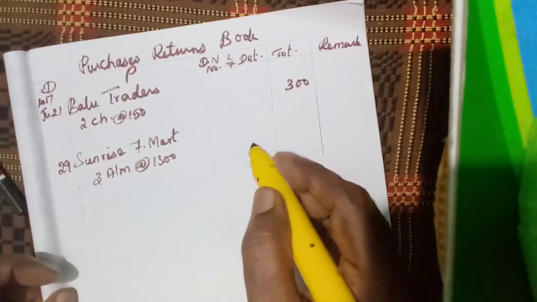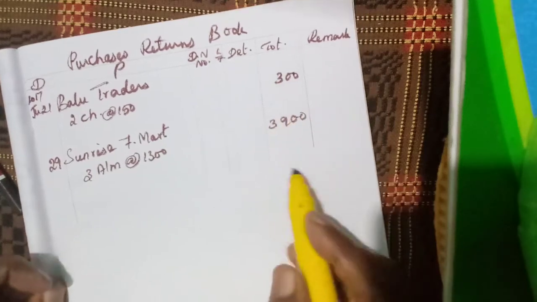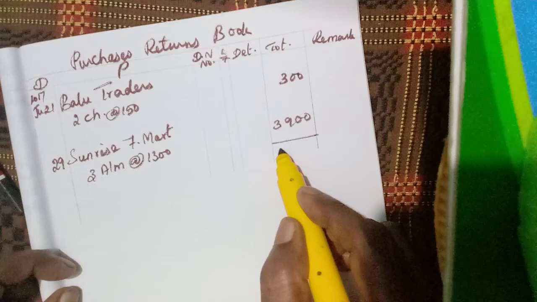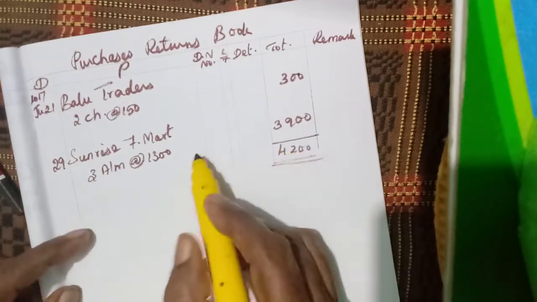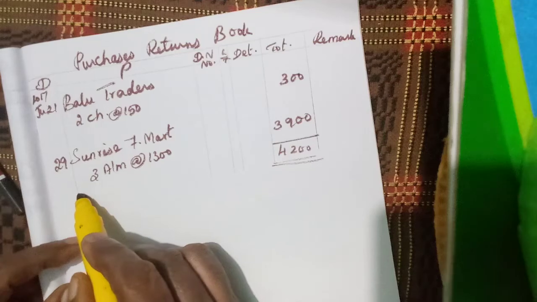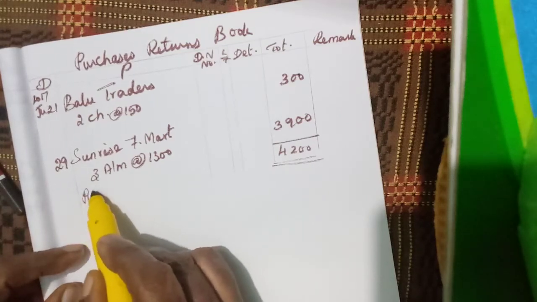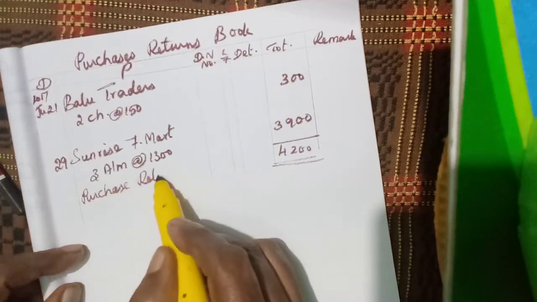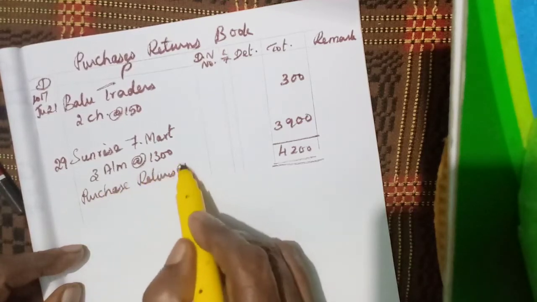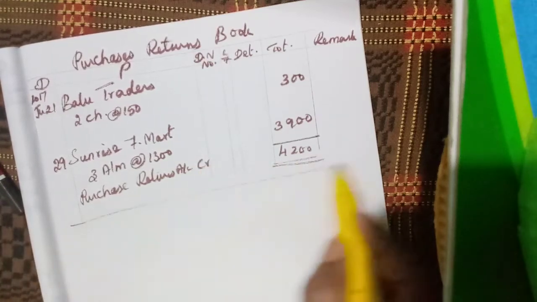So how much will we get? 3,900. So we need to write the total, 4,200. Okay, here we should write purchase returns account creditor. Okay, this amount we need to post.